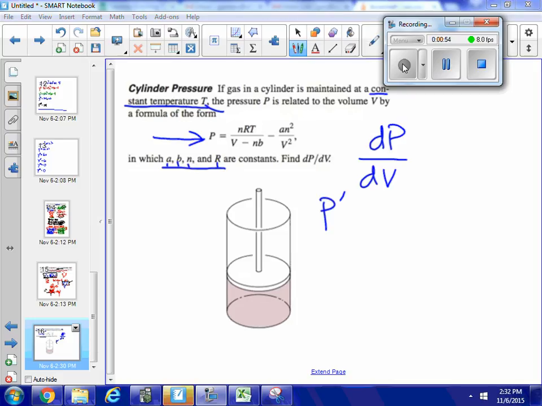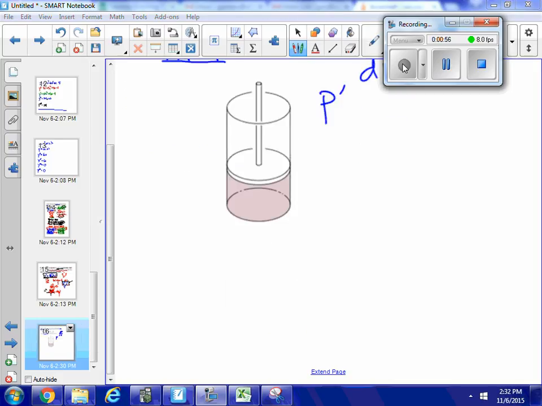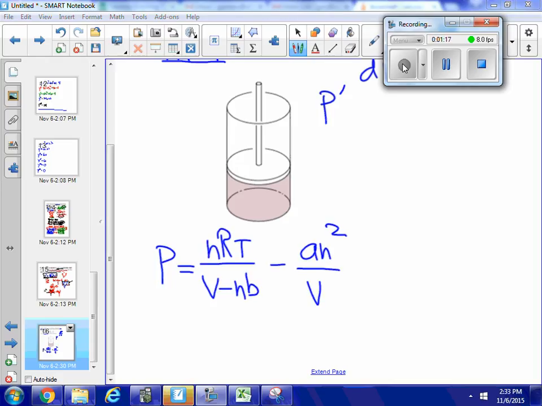I'm going to write it down here again so I have a little bit more room to work. So I have pressure is equal to nRT divided by V minus NB, minus AN squared over V squared.